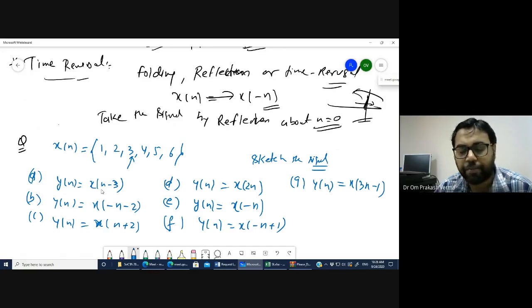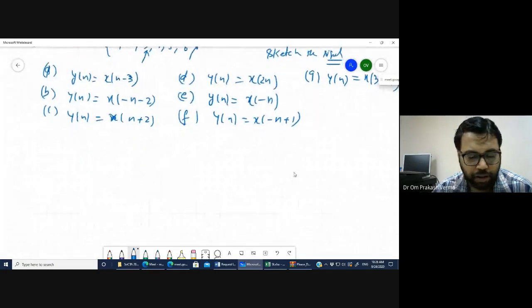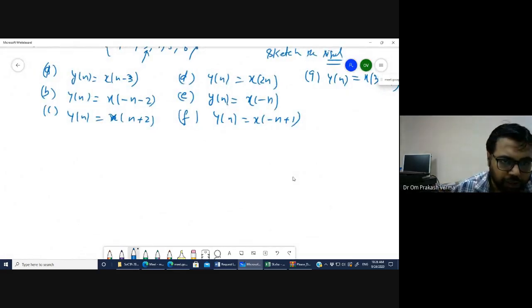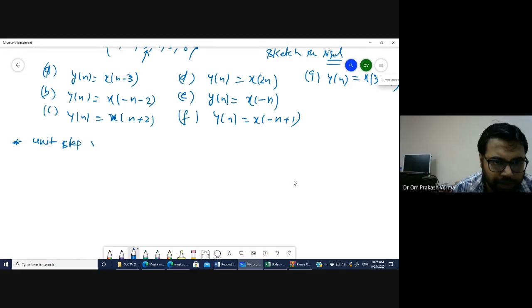We have already seen the unit step signal and the ramp signal in the case of the discrete time signal. We are representing these things in discrete time.